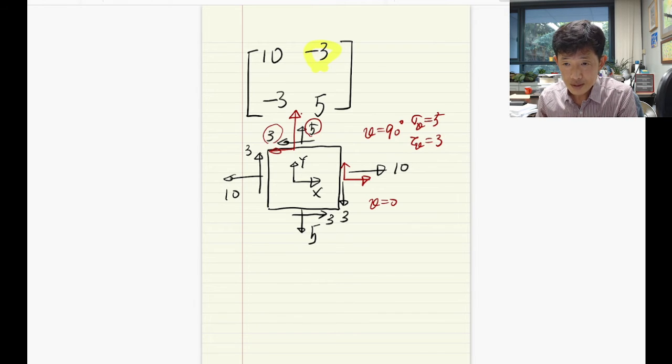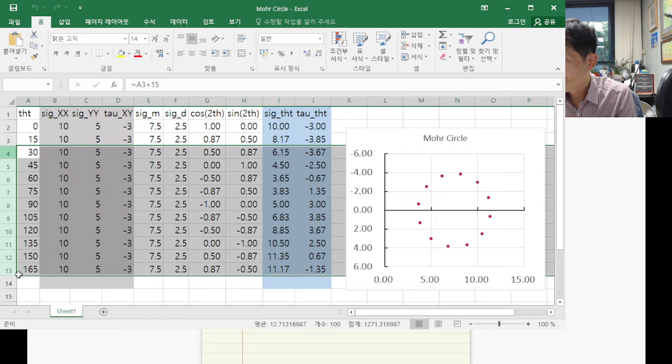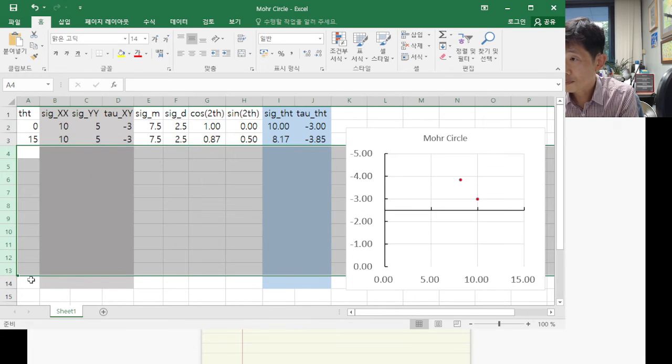So now let's try to calculate the detailed numeric values using an Excel spreadsheet. So I prepared the Excel spreadsheet here. Then let's start from here. For example, let's remove this part.